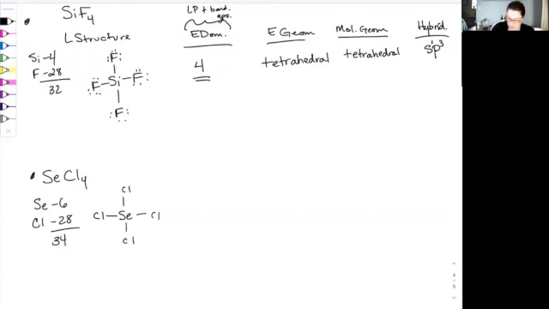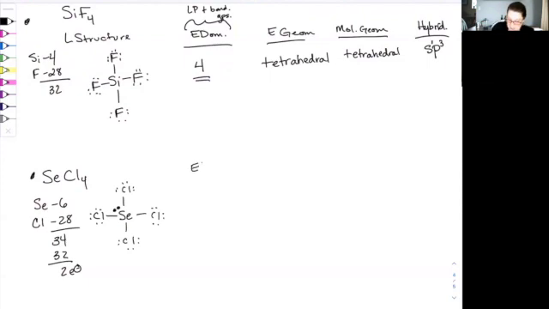So far we're showing 8, 10, 12, 14, 16, 18, 20, 22, 24, 26, 28, 30, 32. We still have 2 electrons to go. They get placed on the central atom. So if you have extra electrons, they go on the central atom. Usually that central atom is a bigger atom and is able to expand out its shells a little bit. So that's why it goes on the central atom.